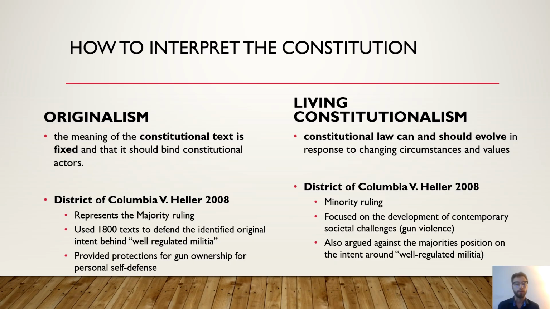So an originalist examining this case would use the 1800s text to defend the identified original intent behind a well-regulated militia. An originalist would say, well, we do have a Second Amendment right to bear arms, but of course, a dimension of this amendment is that it must be a well-regulated militia.